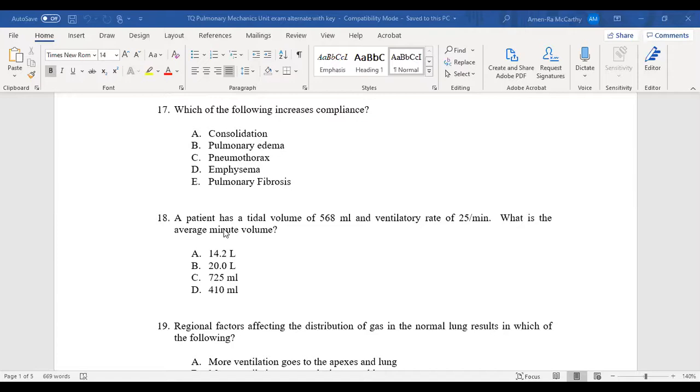And then you look at your choices and see which one of these conditions will cause an increase in compliance. Good, Ms. Thomas. Good, Ms. Rose. Look at it again, Ms. Scott. Good, Kayla.